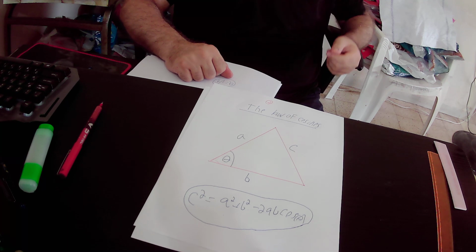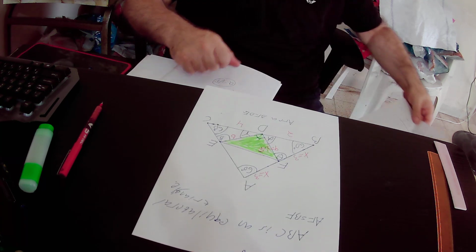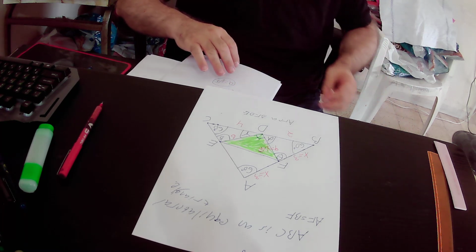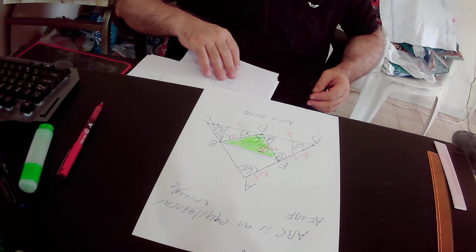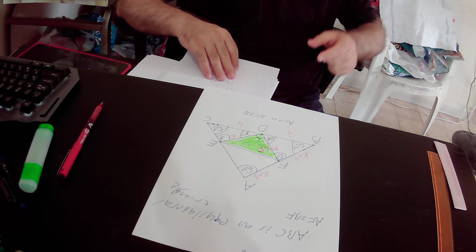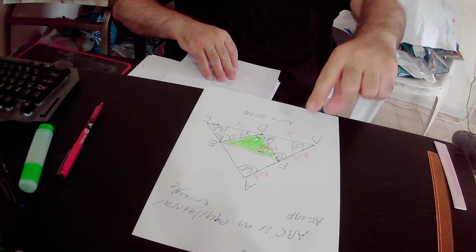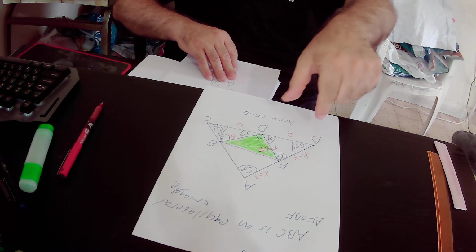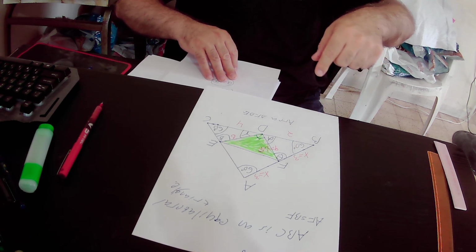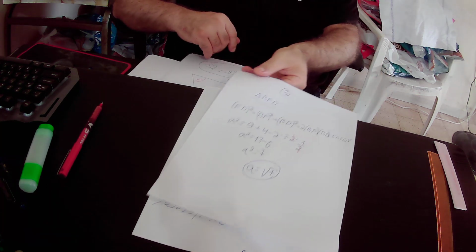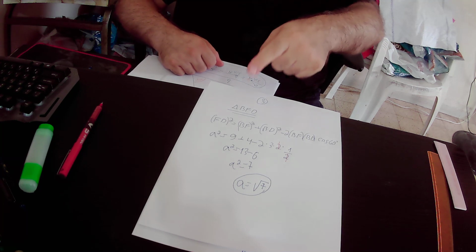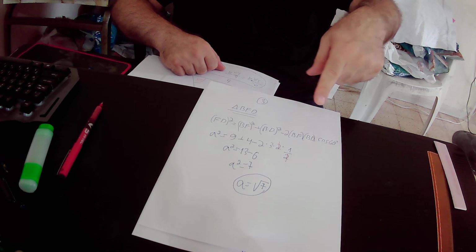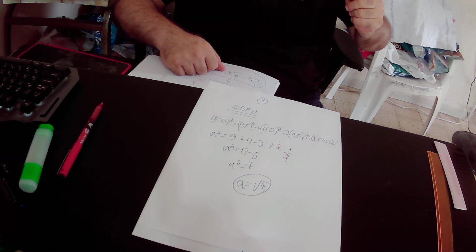Okay, so we implemented the law of cosines in triangle BFD. In the small triangle BFD, FD squared equals BF squared plus BD squared minus 2 times BF times BD times cosine 60 degrees.